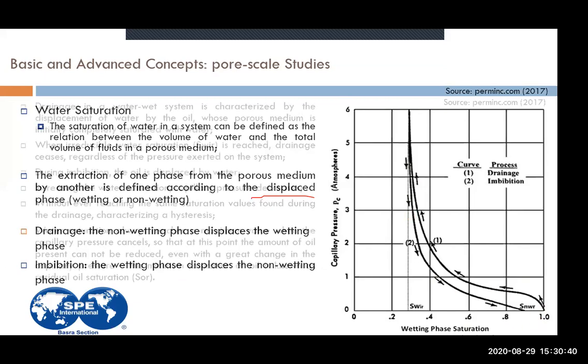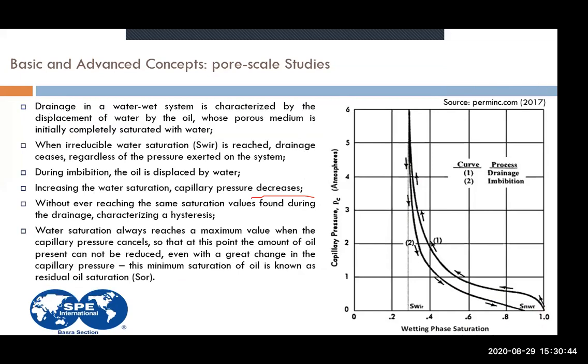When you are dealing with this kind of water wet scenario that I mentioned before, you can reach this value here. That's the minimum, the irreducible water saturation. Even if you increase your pressure, you will not go further into the pores, the pore system.